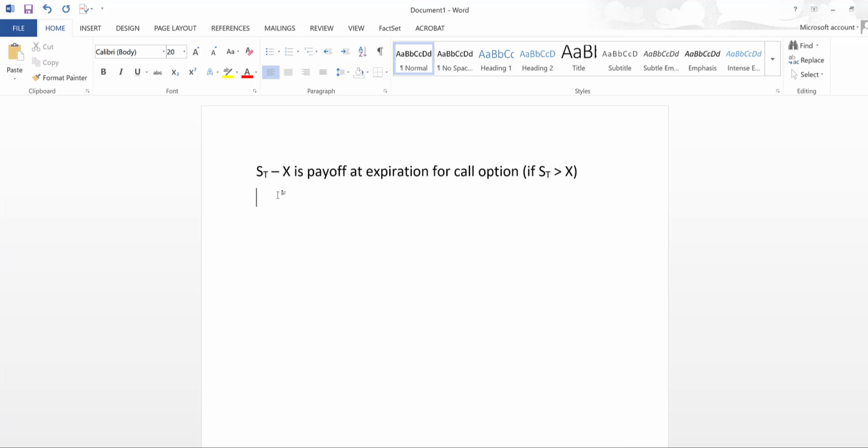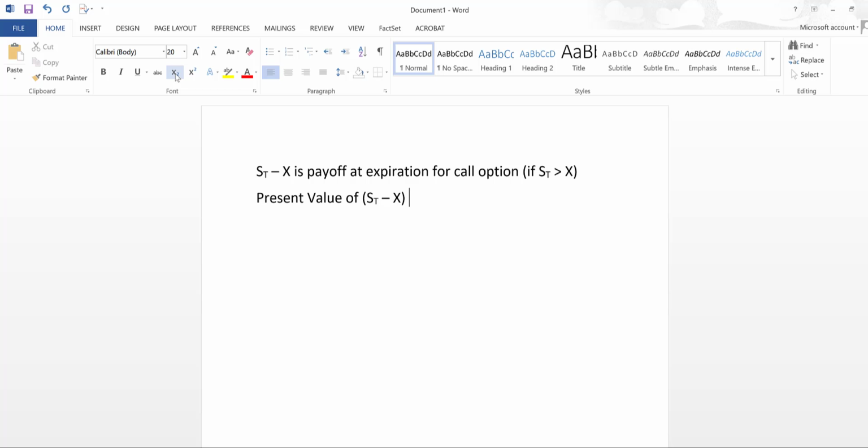So how much value do you put on this payoff today, right? What is the value of this ST minus X today? So to compute that, of course, we need a present value of ST minus X, right? Present value of ST minus X.